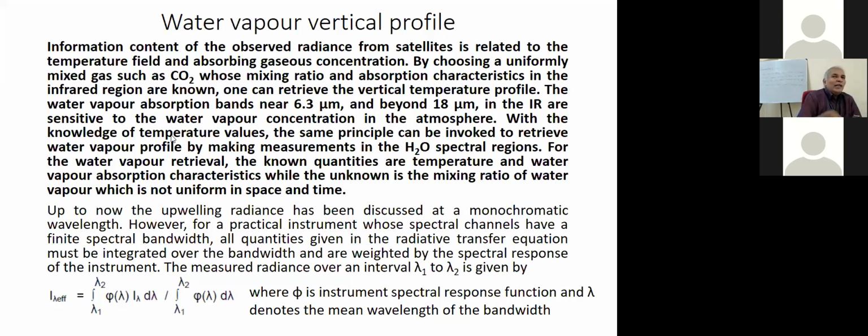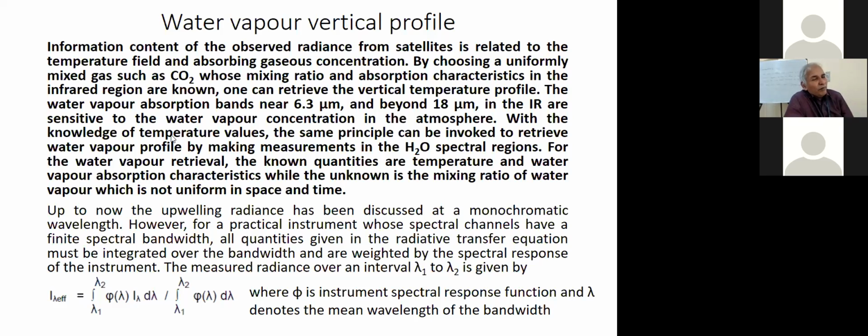Now having known the temperature, if I have a constituent of the gas whose absorption characteristics are known and whose mixing ratio is not uniform in the vertical, then I can actually find out the mixing ratio of this variable constituent of the atmosphere, if I know the temperature profile of the atmosphere and the absorption characteristics of this gas.